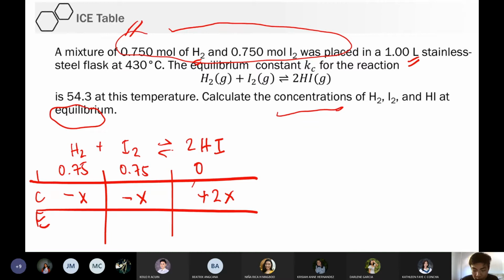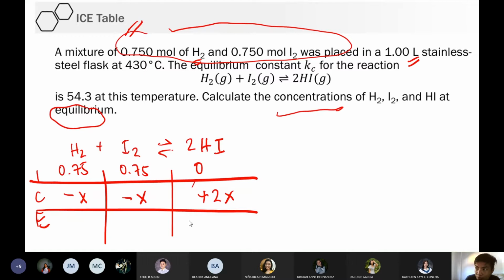Also, take note that whatever the coefficient is, you have to include it in the change expression. We have a coefficient 2 here, so the change will be 2x. If you have a coefficient 3, it will be 3x, and so on. Whatever the coefficient is, include it in your change expression.